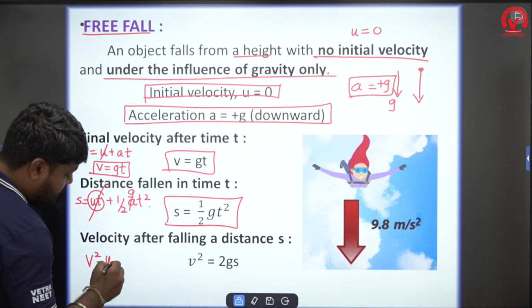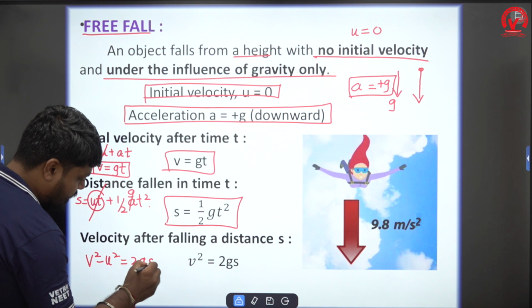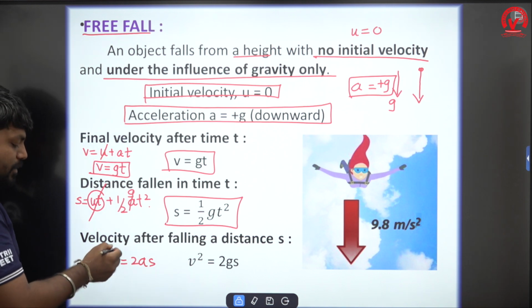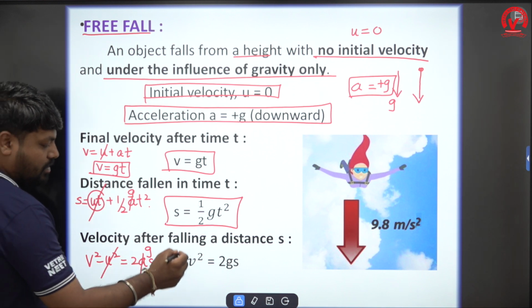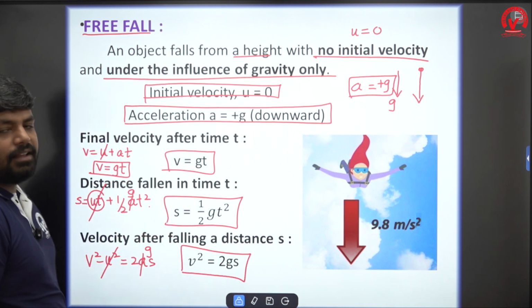What's the third equation? v square minus u square is equal to 2as. In the freely falling body, u becomes 0. So a becomes g. So v square is equal to 2gs.